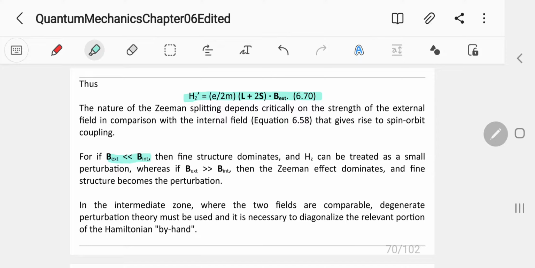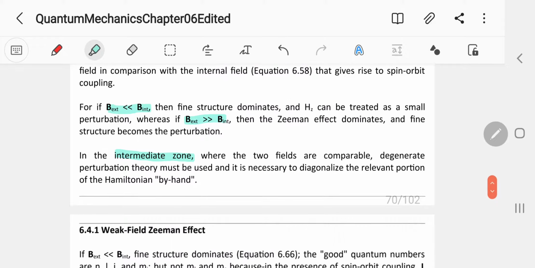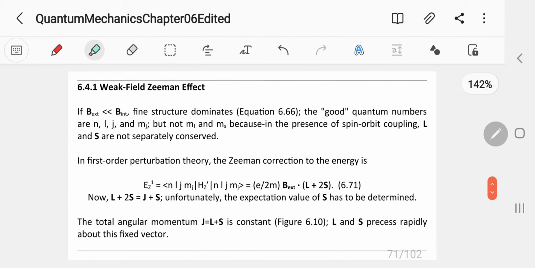So we have 3 cases here: where the external magnetic field is much smaller, where it is much larger, and the intermediate zone. Let's start with the weak field Zeeman effect. It's when the external magnetic field is much smaller than the internal magnetic field.